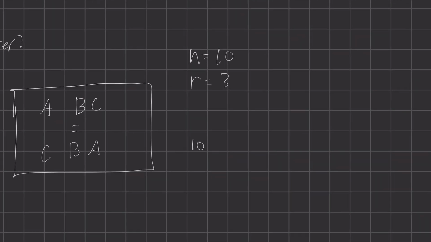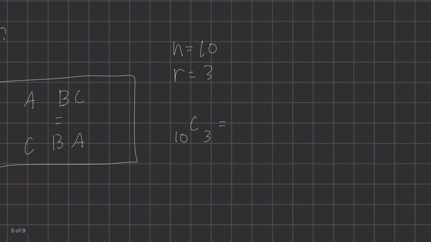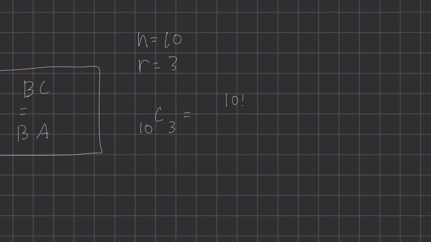So it will be 10 choose 3, which is equal to 10 factorial all over 10 minus 3 factorial times 3 factorial. That's the same thing as 10 times 9 times 8 times 7 times and so on down to 2 times 1, all over 7 factorial, which is 7 times 6 times so on down to 2 times 1, times 3 factorial.